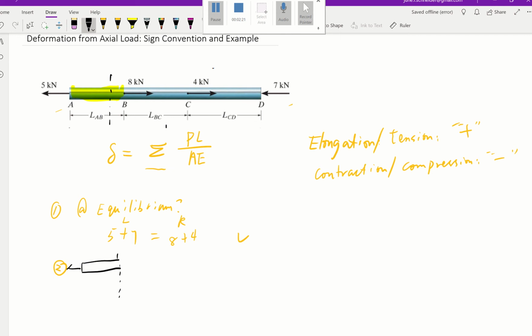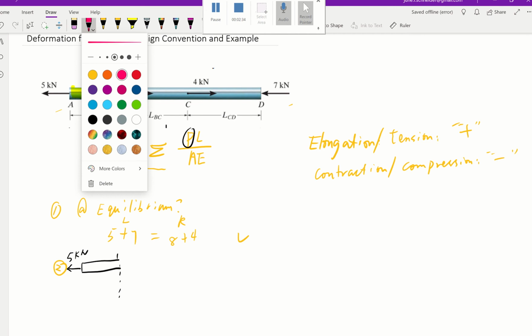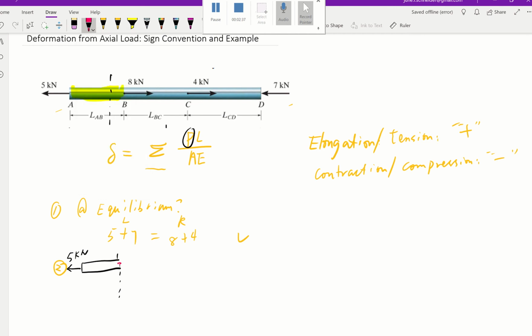External force, we have this 5 kilonewton. And now we want to find out what the internal force, this P, is. The internal force, in red, will be going this direction, right? That's going to be our internal force, and that's 5 kilonewton to balance this external force, 5 kilonewton. And be aware, look at this 5 kilonewton. It's in tension, right? So that will be positive for that elongation.